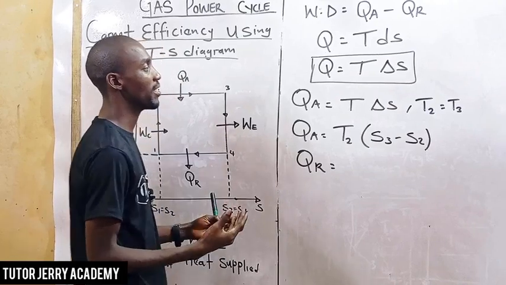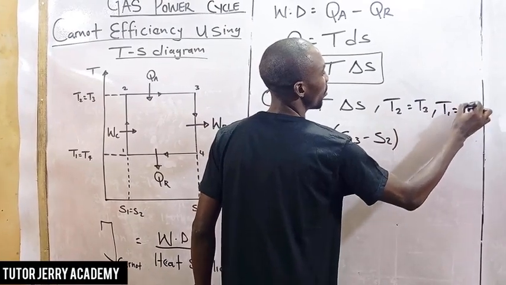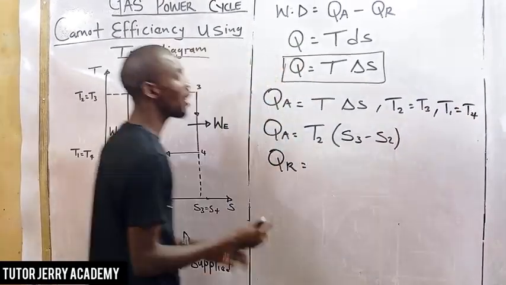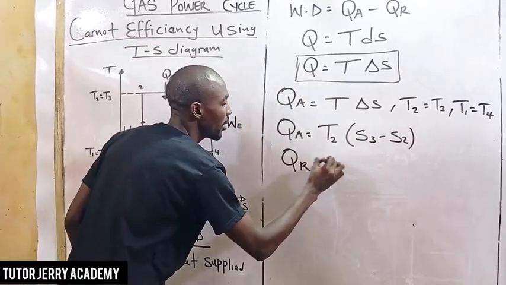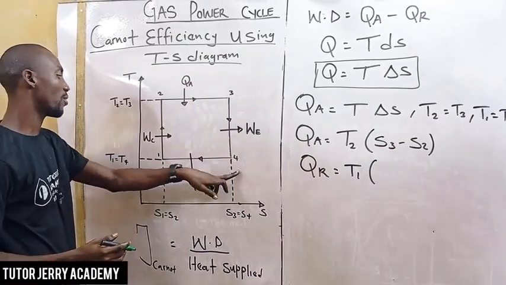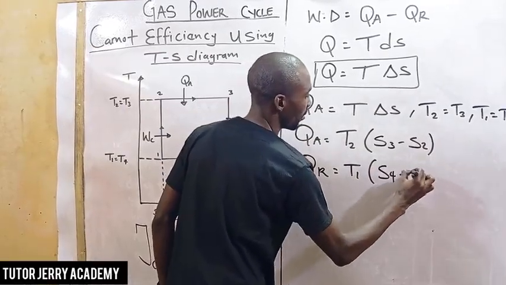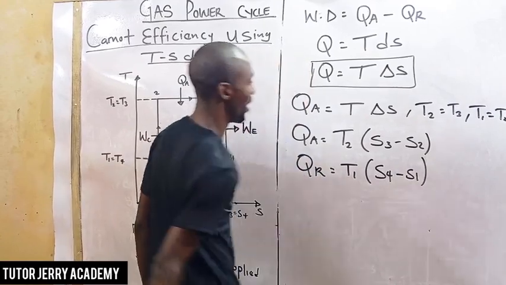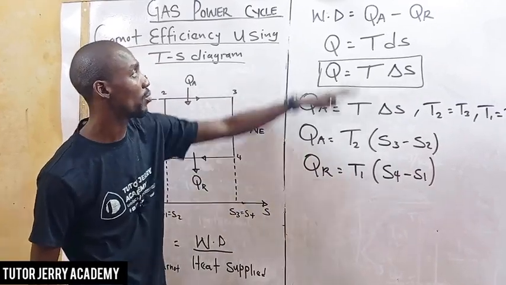So we can pick either T1 or T4, but let's pick T1. So QR equals T1 into the change in entropy, which is S4 minus S1.